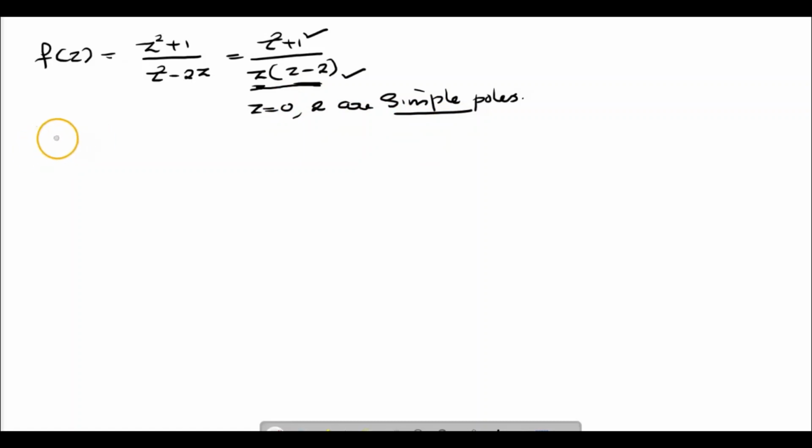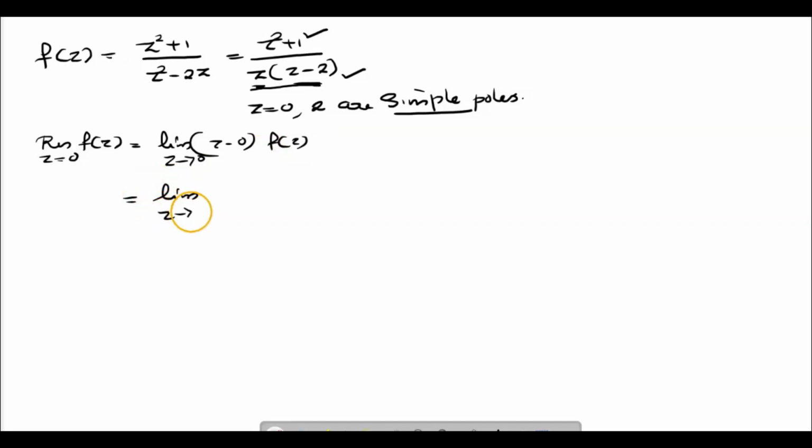Now let's find the residue at z equal to 0 of f of z. Residue at a simple pole: we can write limit z tends to 0 of (z minus 0) into f of z. That means limit z tends to 0 of (z square plus 1) divided by (z minus 2). Putting the limit, we get 1 by minus 2, that is minus 1 by 2.